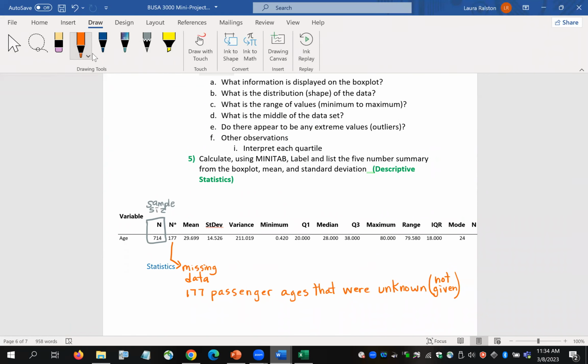Okay, the rest of it, honestly, if you look closely, is clearly labeled: mean, standard deviation, variance, minimum, Q1, median, Q3, maximum, range, IQR, and the mode. Now, let me show it to you in Minitab.